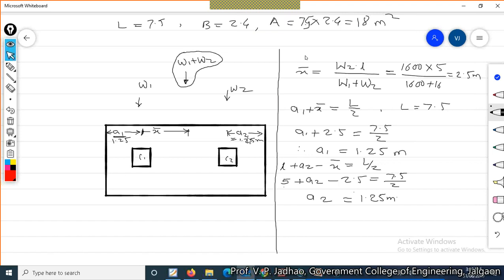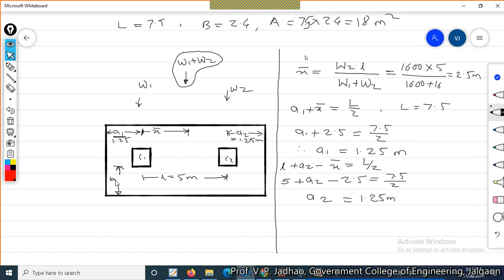Now we know this distance small l is equal to 5 meter. Now we have to calculate the distance between the edge of this footing and the face of this column. Let us consider this as small b1.